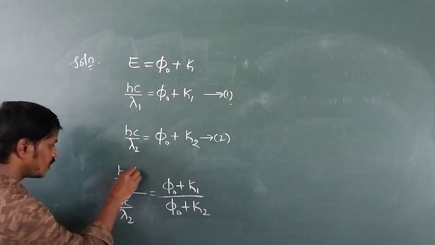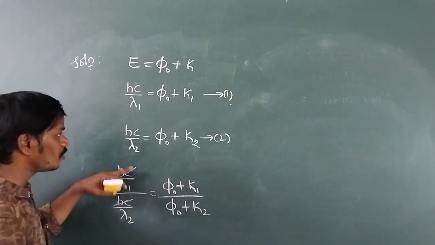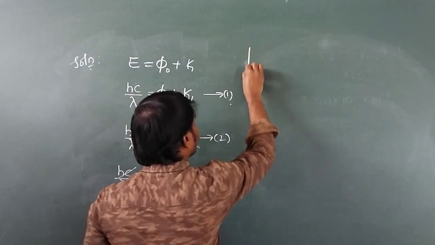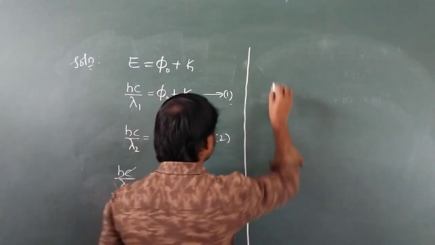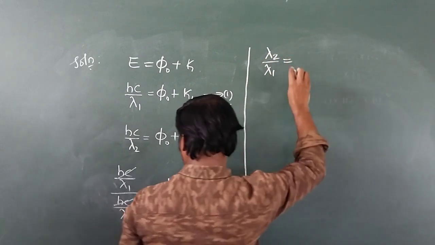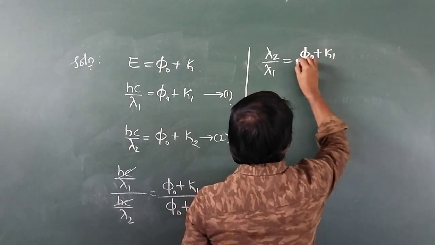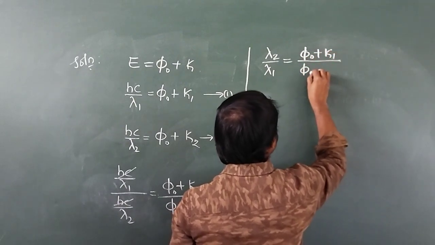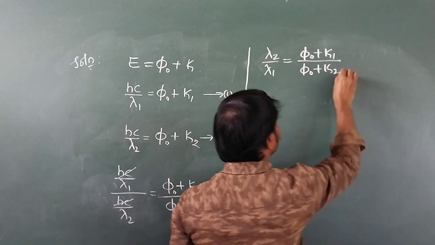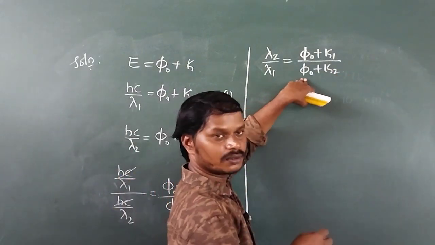Then here what gets cancelled? hc gets cancelled. Then this becomes lambda 2 by lambda 1, that is equal to phi naught plus K1 divided by phi naught plus K2. So let us take the cross multiplication. Now we need phi naught only.